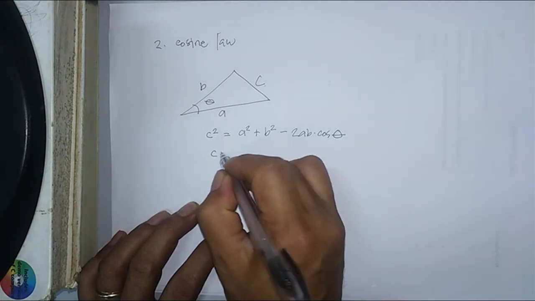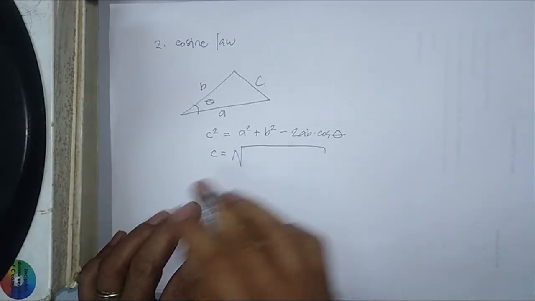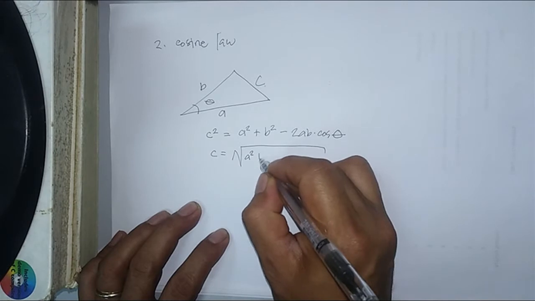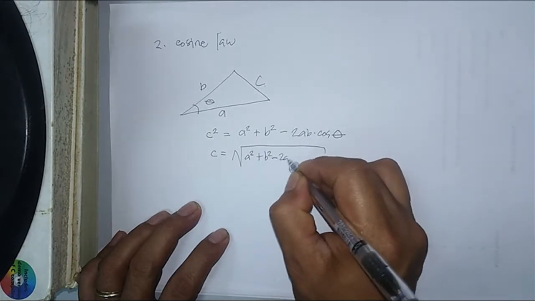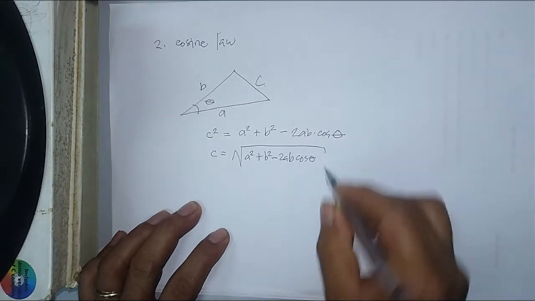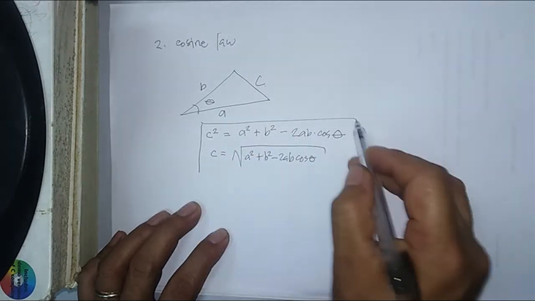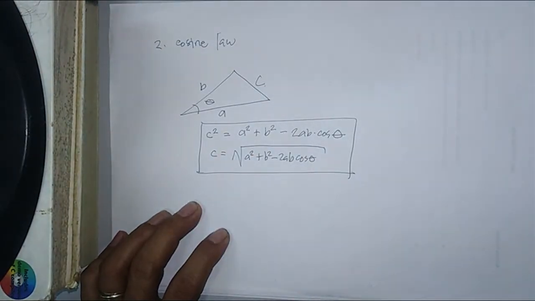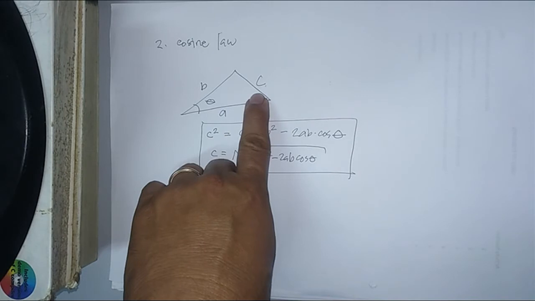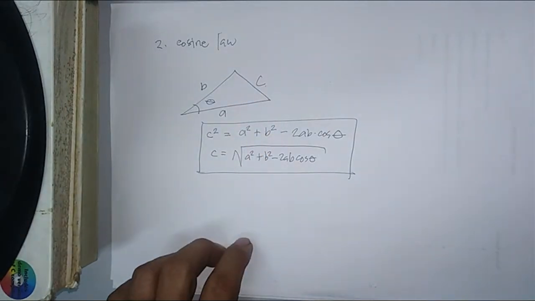To solve for C, you take the square root of both sides: C equals the square root of A squared plus B squared minus 2AB cosine of theta. That is using the cosine law to solve for the variable C in your triangle.